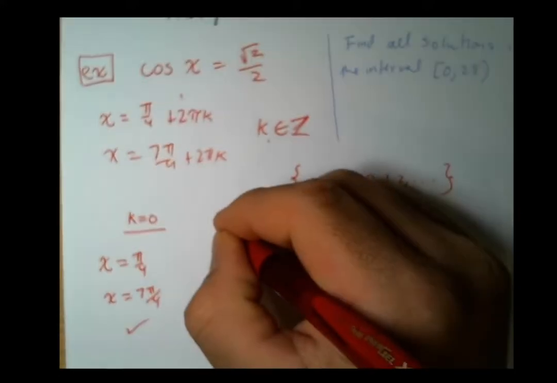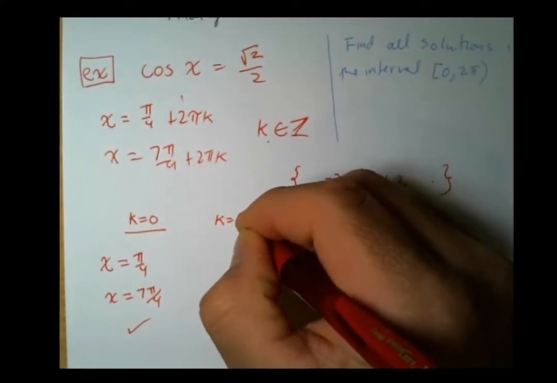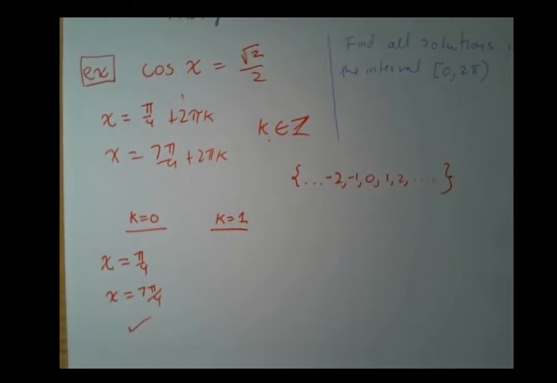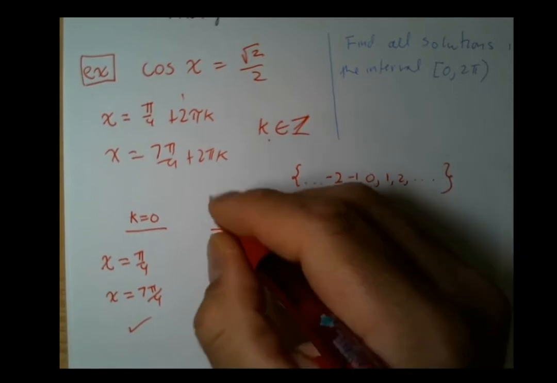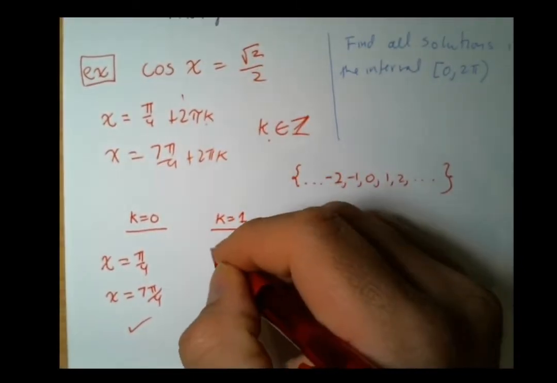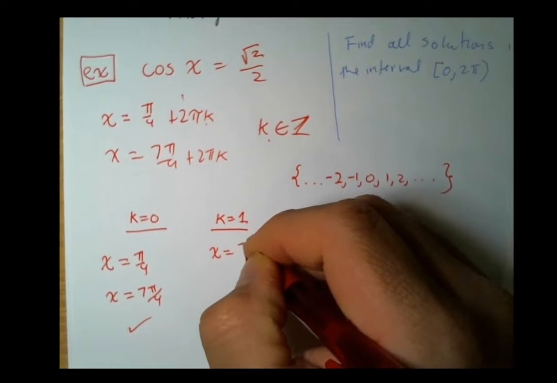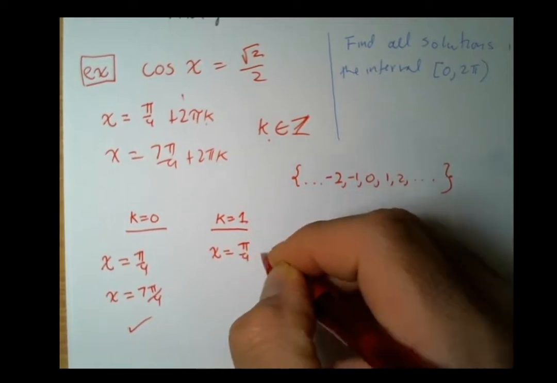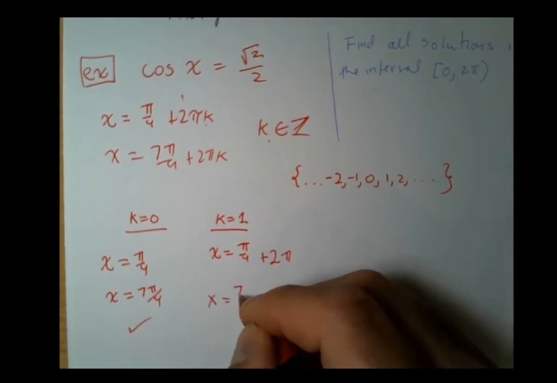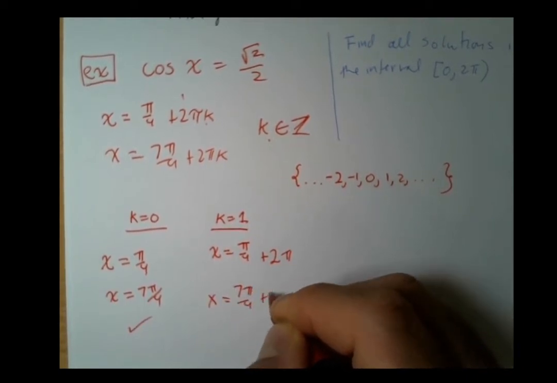Okay, so let's move on and ask, what about when k is equal to 1? When k is 1, we have 2 pi times 1, which is just 2 pi. So we get x equal to pi over 4 plus 2 pi, and x equal to 7 pi over 4 plus 2 pi.